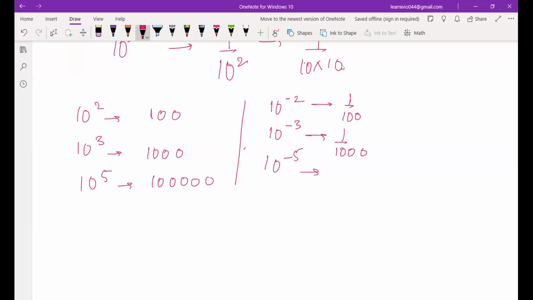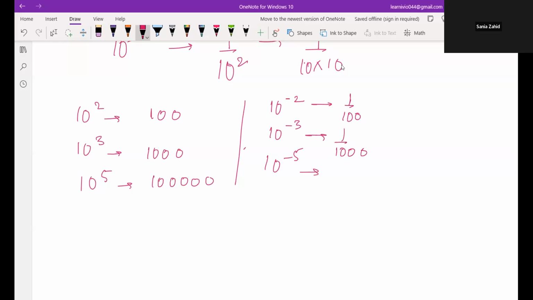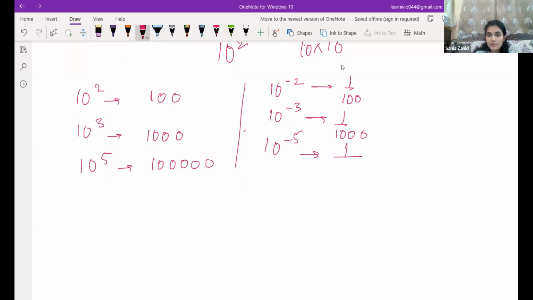And next, 10 to the power minus 5 is 1 by 10 to the power 5. So that becomes 1 by 1 followed by 5 zeros, like that. So you have powers with negative exponents.